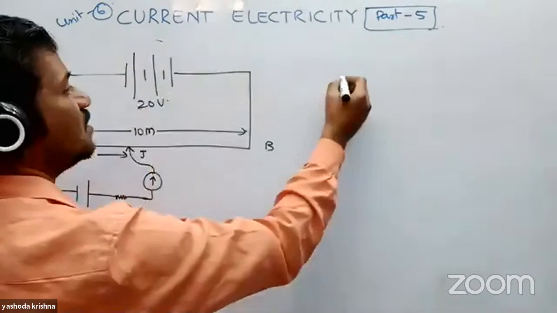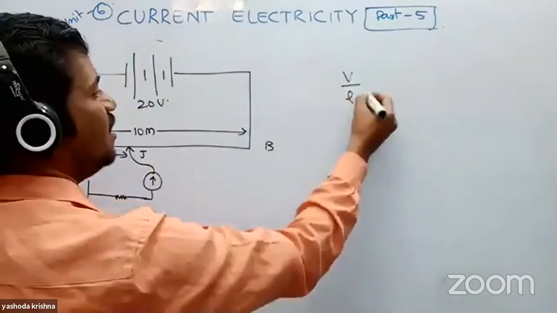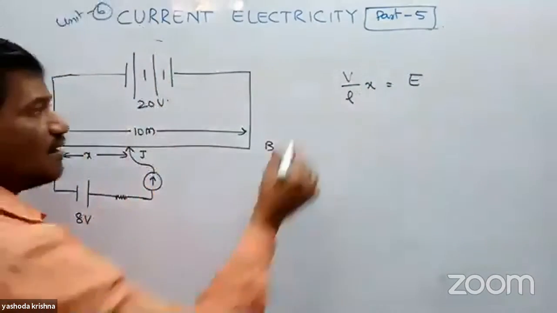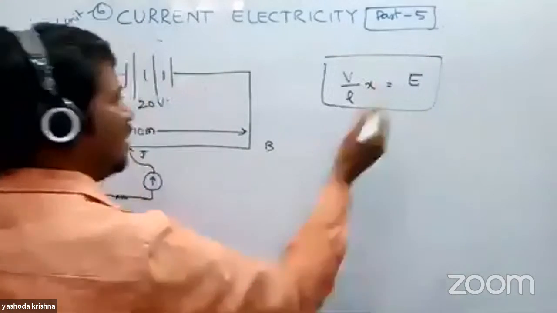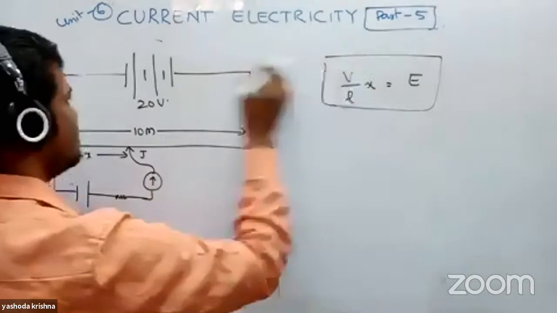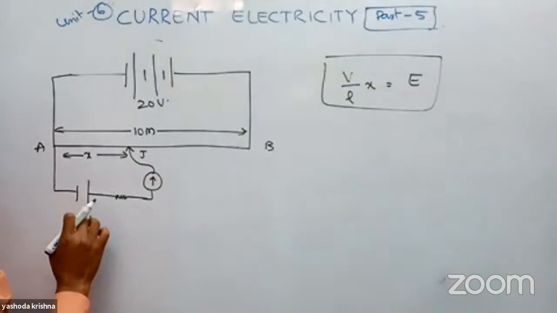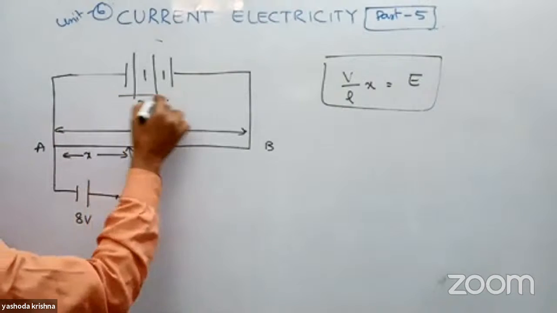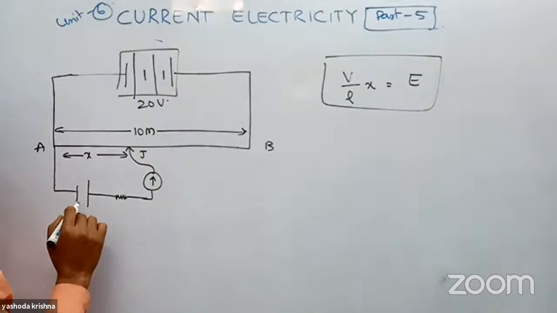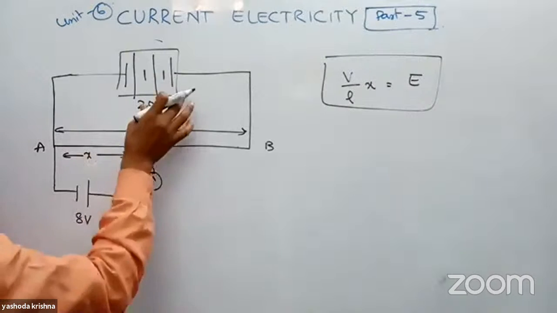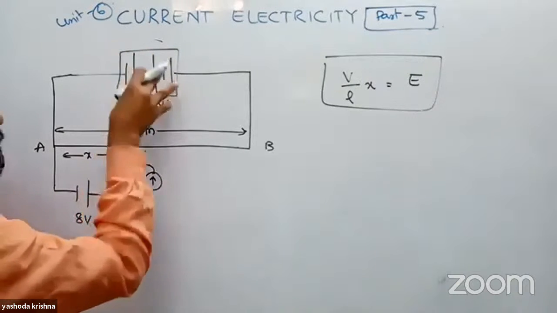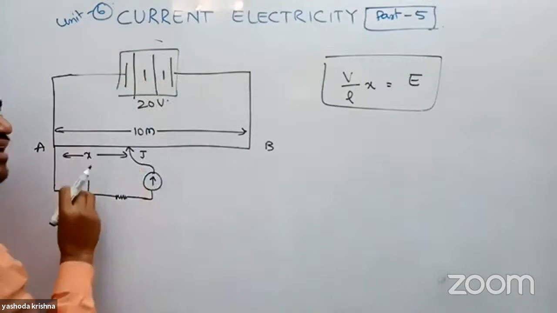For unit length, V by L into X is equal to E. Using this principle, E is the EMF of the cell. There are two batteries: one for the secondary circuit and the primary circuit battery. The primary circuit battery is the known value. This is the unknown value.